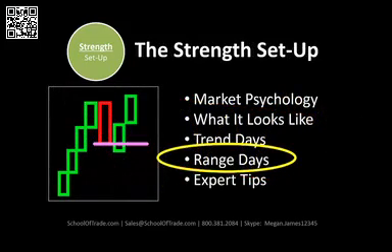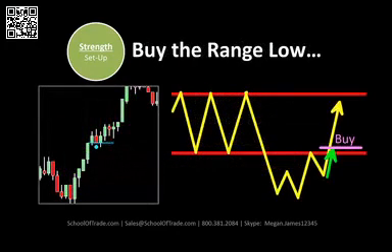But what about a range day? Can we still use this strength setup when the market is balanced and sideways in a range-bound market? Yes, we can, but we need to be very specific with where we apply this simple setup. Remember, in all range-bound markets, the best way to trade them is to buy low and sell high.